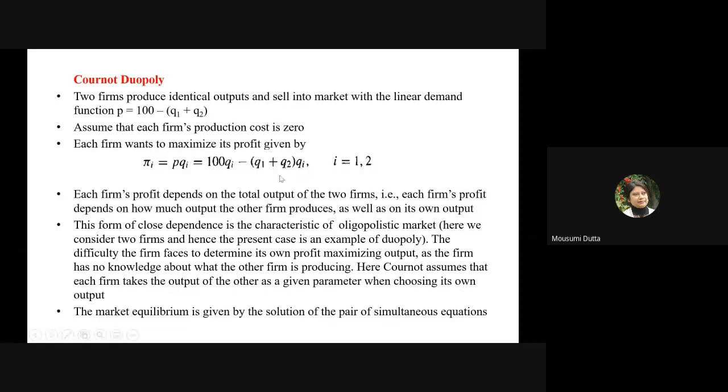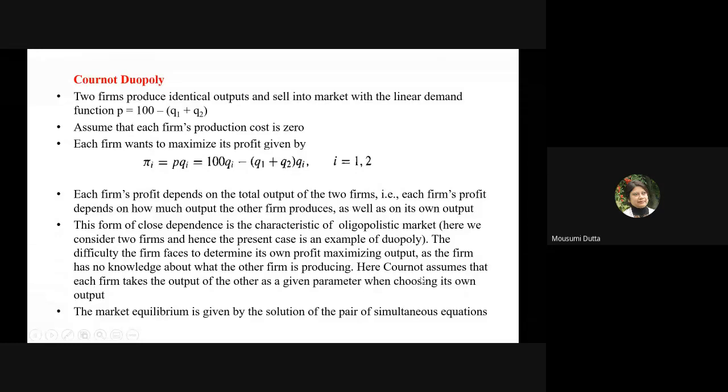So essentially Q1 is there. However, it is not only a function of Q1, it is a function of what you are producing too. So it is a function of the output of other firms operating in the industry too.